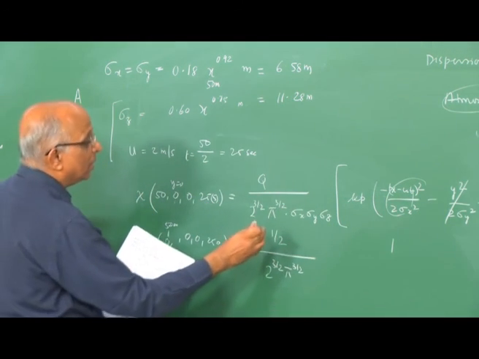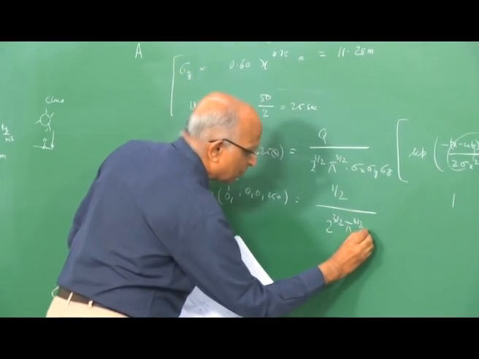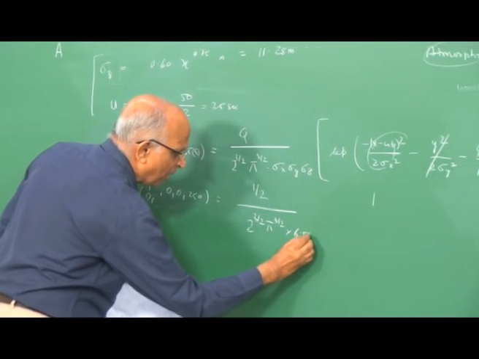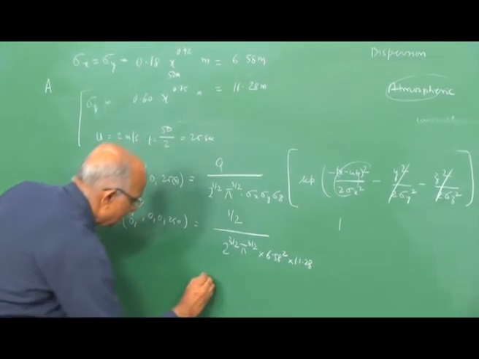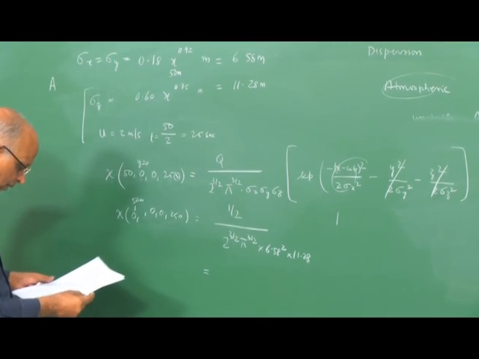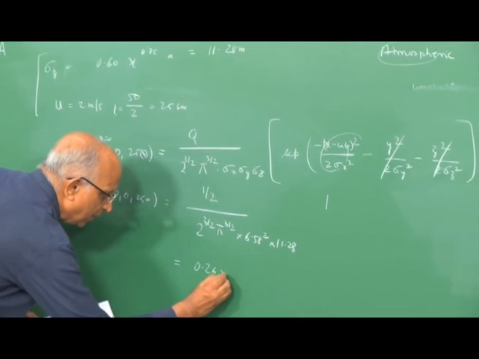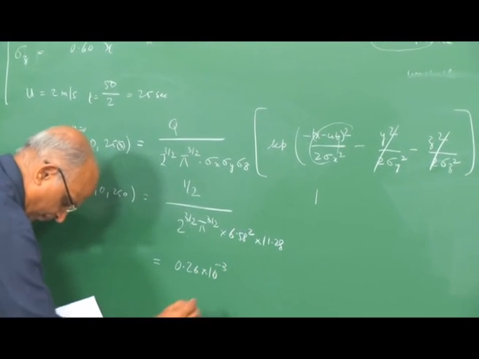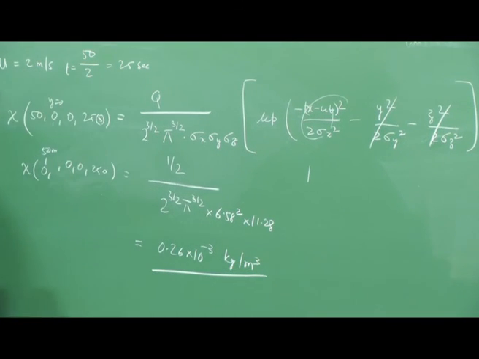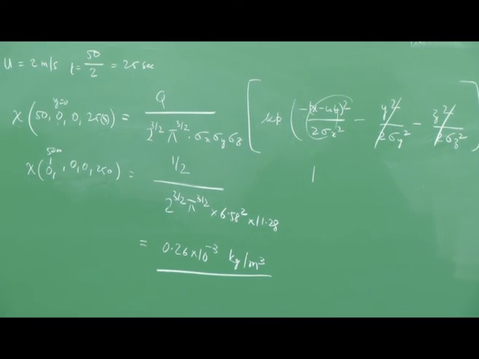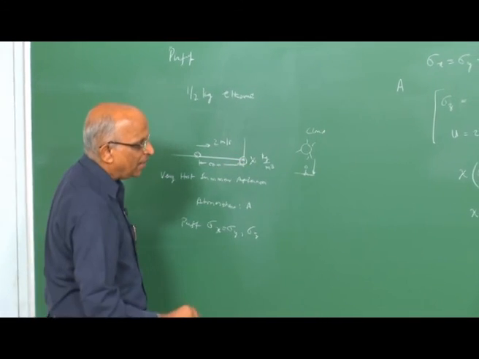Therefore, I substitute the value, and I also know sigma x is equal to sigma y, and therefore this becomes 6.58 square into 11.28, and if I calculate, it is 0.26 into 10 to the power minus 3 kilogram per meter cube. This is the concentration at a distance 50 meters away when the wind speed is 2 meters per second. This is the type of concentration we have.